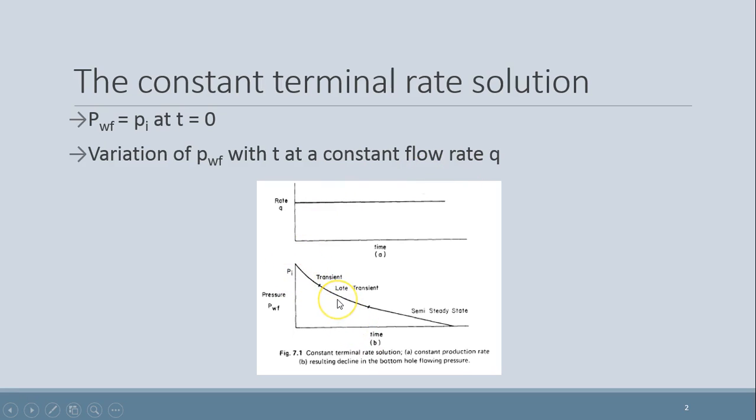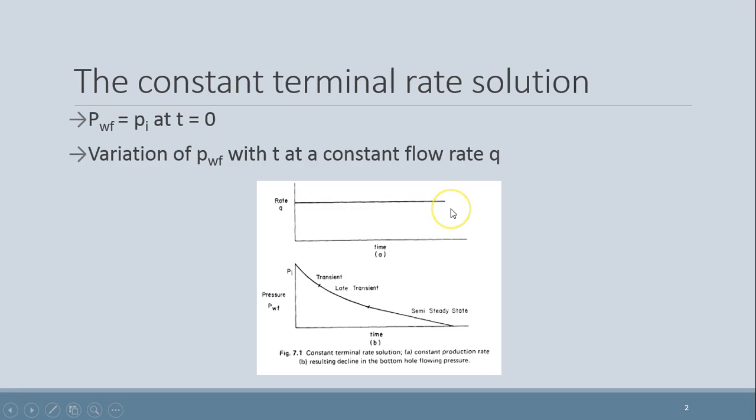When the disturbance has just reached the boundary, the late transient state starts. It continues for some time, and then finally when the flow is stabilized, meaning at all points in the reservoir the rate of dP by dr, that is the pressure gradient, is constant, the semi-steady state is achieved. The rate, however, remains constant.